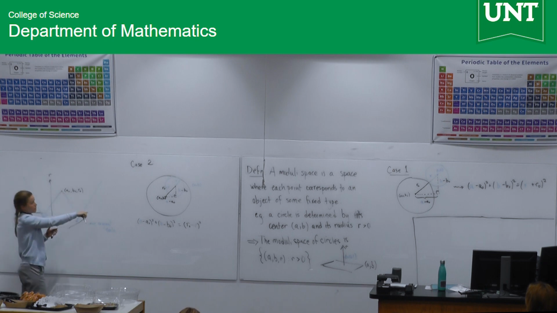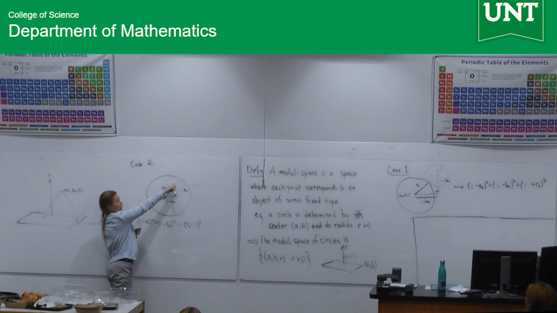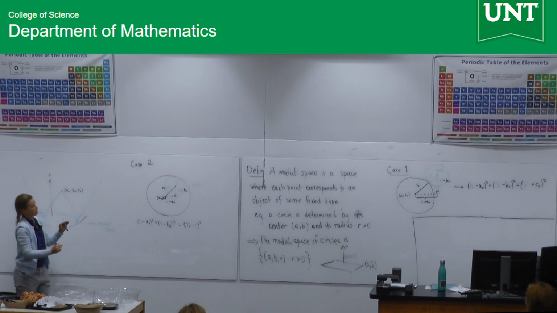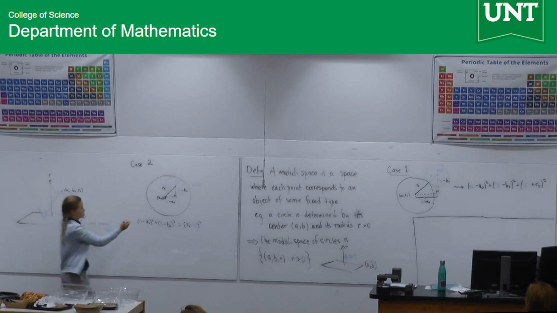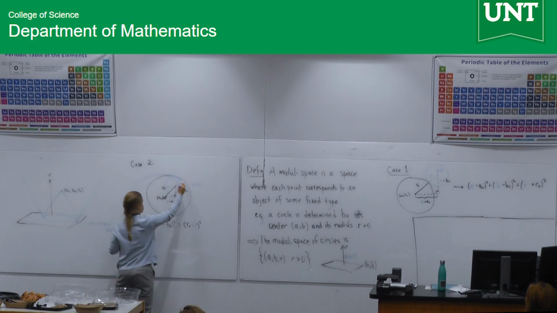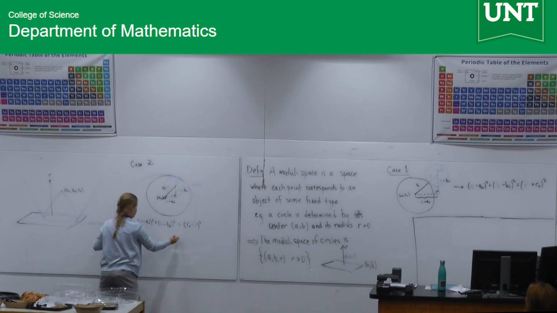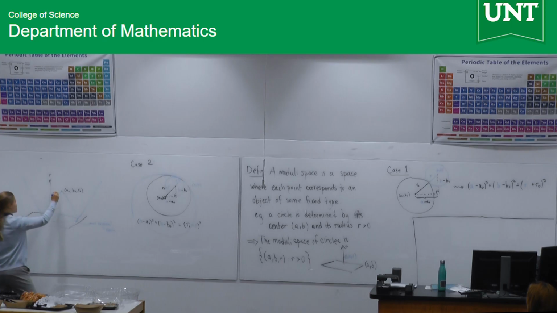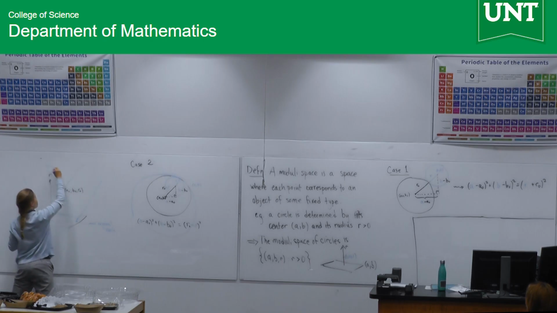What I've drawn here is when r is smaller than r naught, so it looks like it's inside. But actually the same equations describe this situation when r is bigger than r naught. Those will be the top part of the cone given by that same equation.